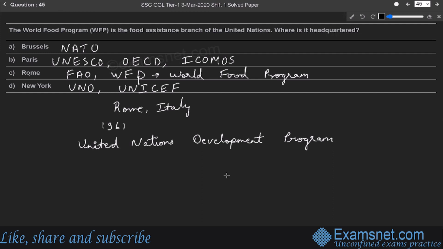That is why it is a part of the United Nations Development Programme. It is also governed by representatives from 36 member states of the United Nations. And currently, the executive director of the World Food Programme is David Beasley.